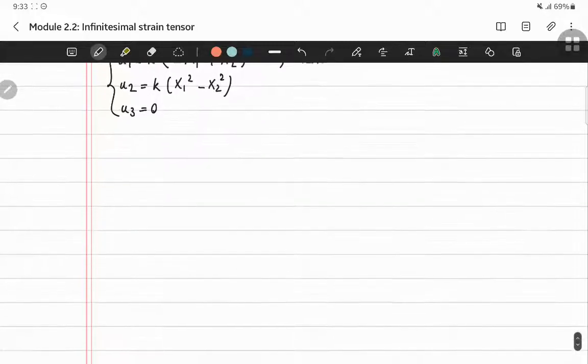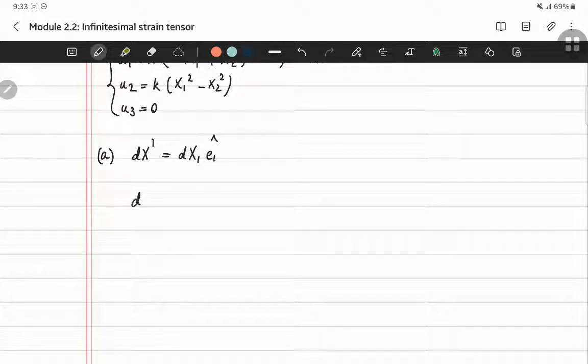So here it says that for part A, we have find the unit elongation and change in angle, where you have dx1 is equal to dx1 e1, and you have dx2 is equal to dx2 e2 for a particle designated at x is equal to e1 minus e1, so let's say 1 minus 1 and 0.